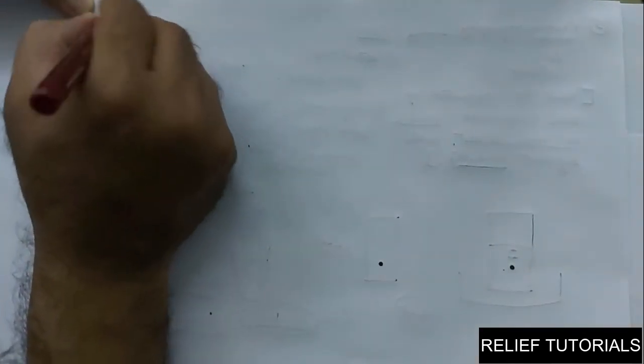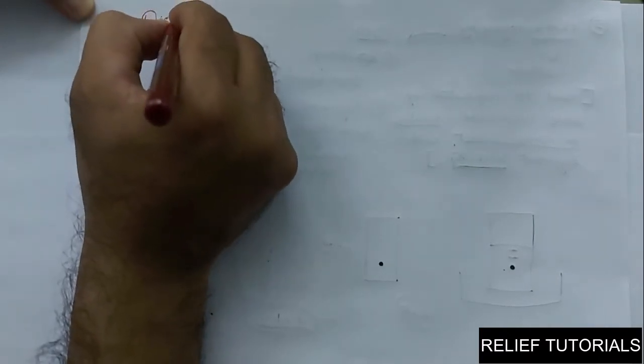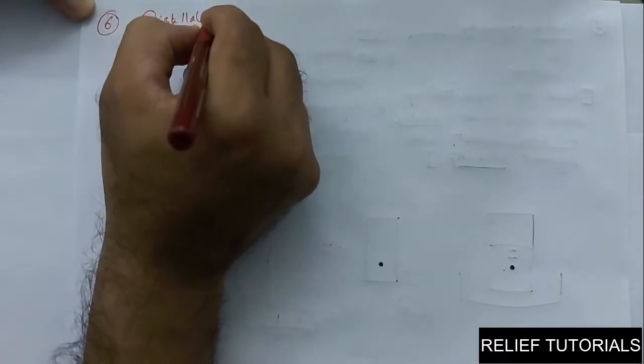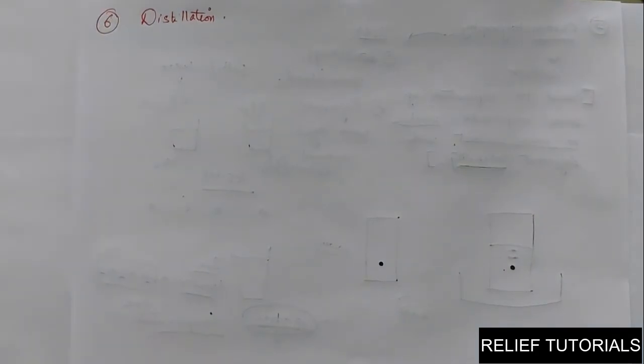Next type of process is the distillation process.